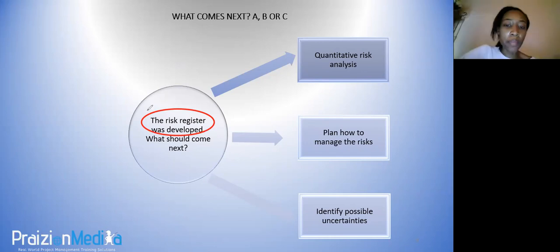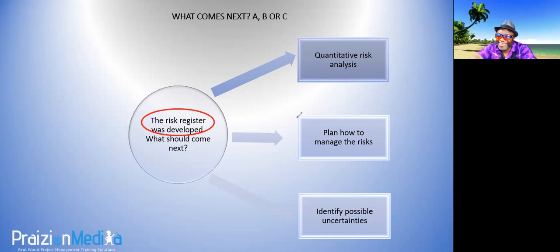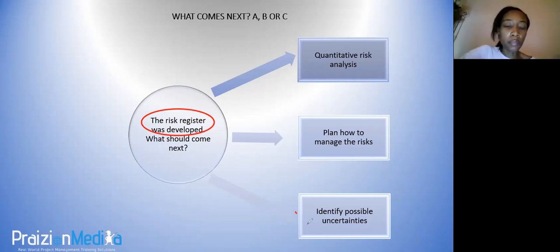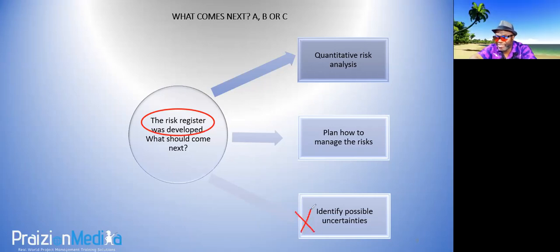Plan how to manage the risks. So planning how to manage the risk is redundant, meaning it's already been done. Which one of these has already been done? The C. Exactly. Identify possible uncertainty. This is really explaining identify risks. It's explaining identify negative risks. And you do know that identifying risk could also have positive risks.